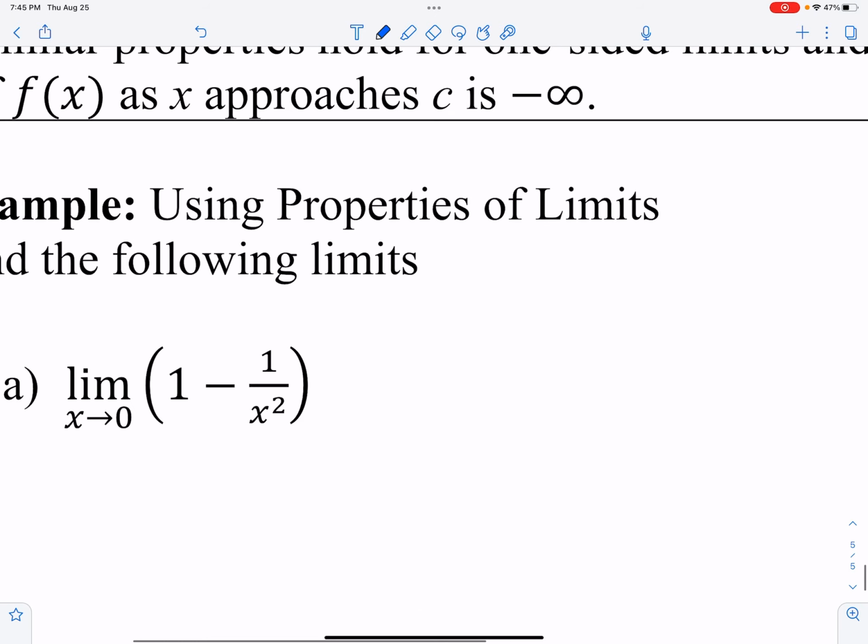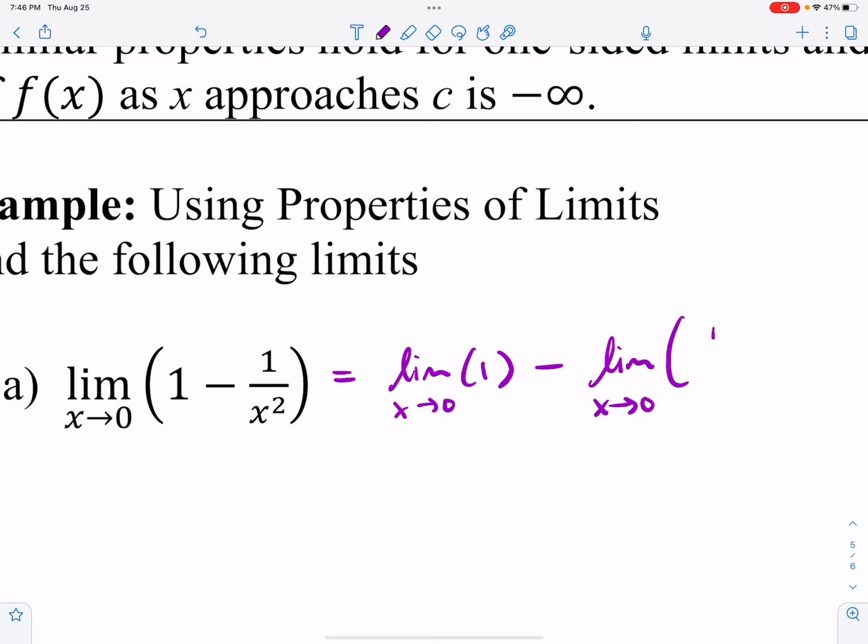Okay, so we have this limit where the function that we're taking the limit of can be thought of as a difference of two functions. Applying limit properties, we could also think of taking the limit as x approaches 0 of 1, minus the limit as x approaches 0 of 1 over x squared.